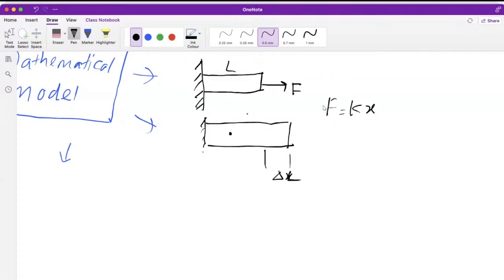If this is a plastic material, how does the shape change subject to this force, for example? If you want to do that, you have to determine how each part of the material is being displaced.